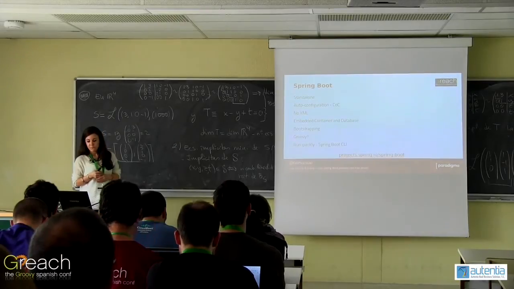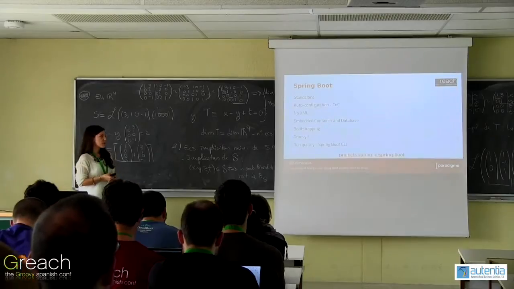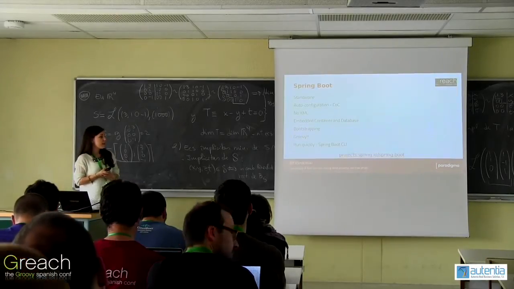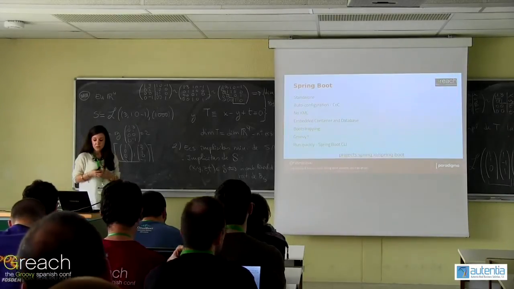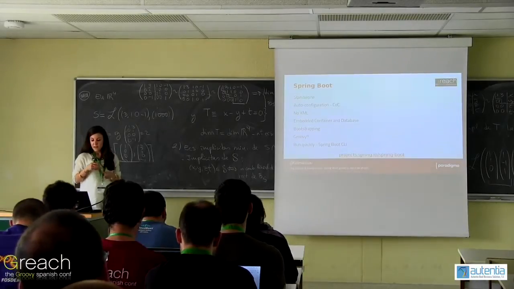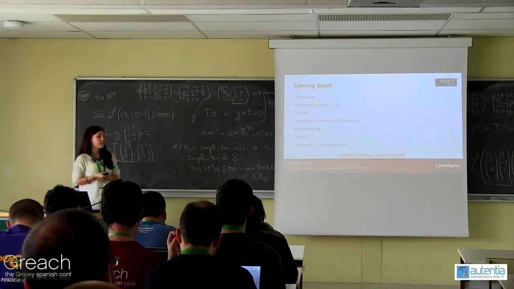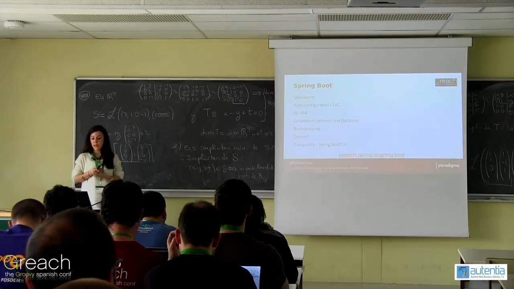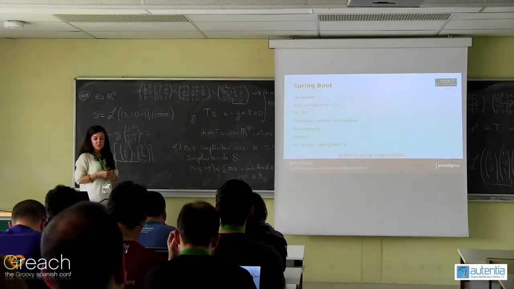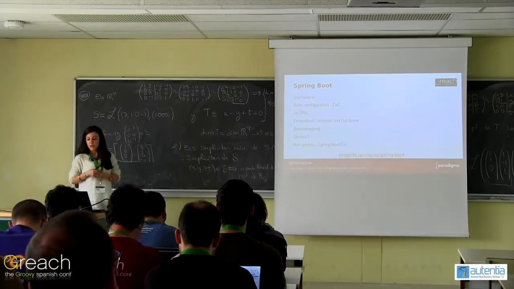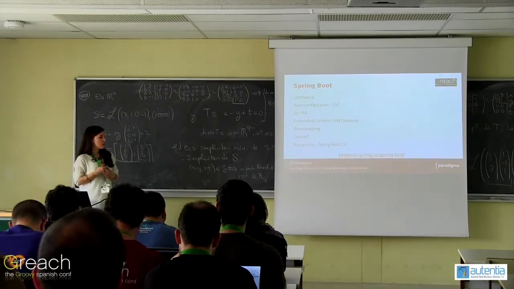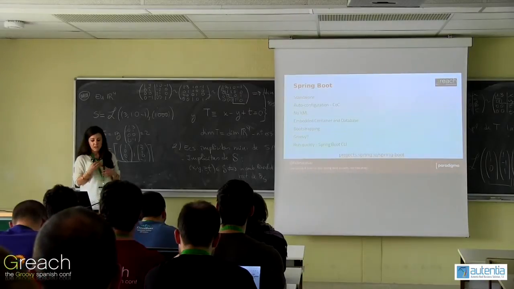On the other hand, Spring Boot allows you to start and build production applications easily because it provides an embedded container and database according to the dependencies specified in the build system. Additionally, we can use Groovy, of course, with all of its features, only by including a dependency in the build system.